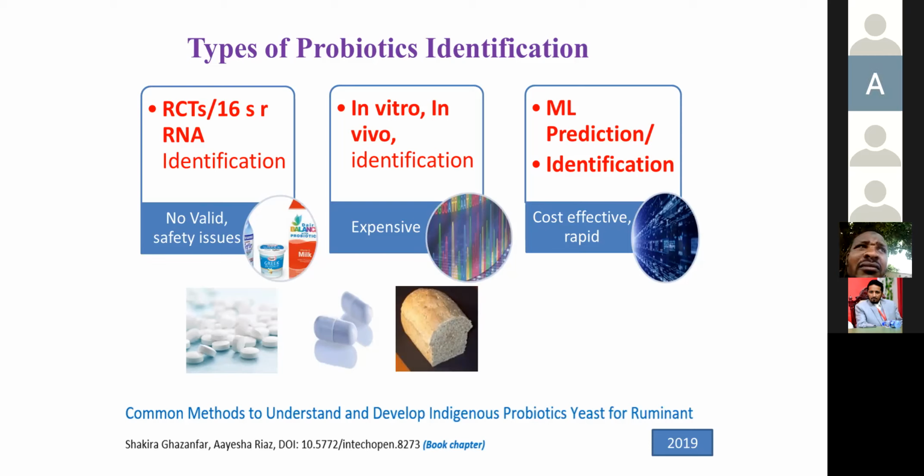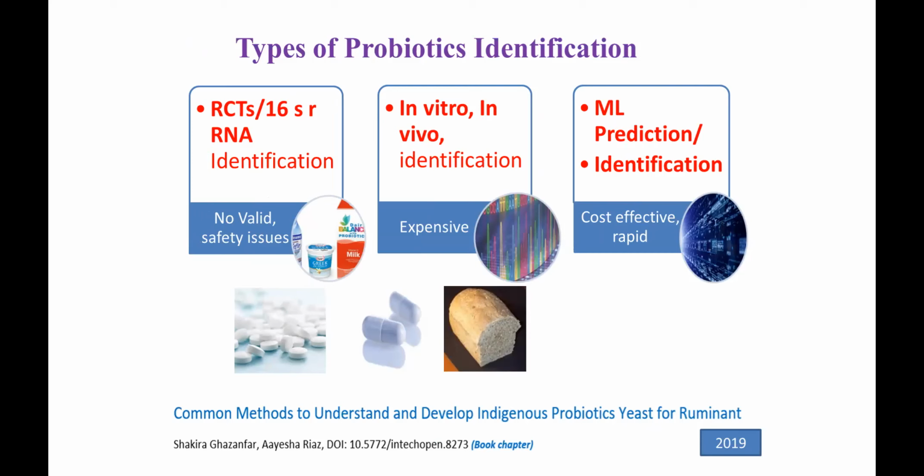But it is not a valid method on its own, and some health or safety issues may emerge later in the research. In the second method, you can identify the probiotic strain with in vitro and in vivo methods, but again, the drawback is that it is very expensive and laborious.